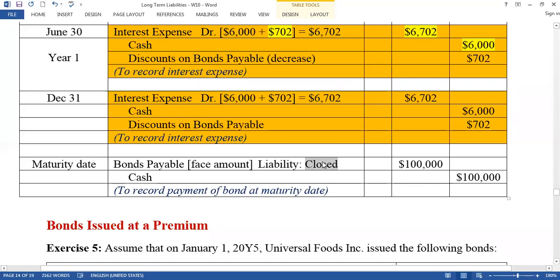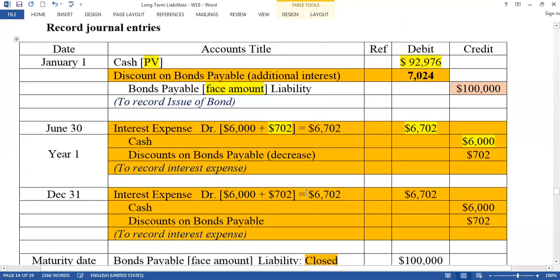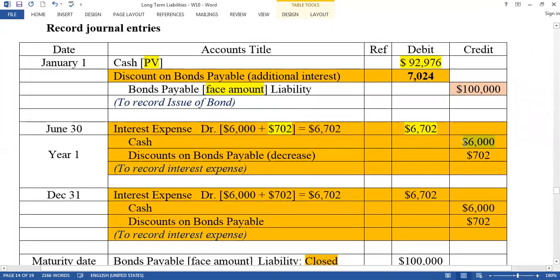Why did we close our liability? Because today is the maturity date, right? We are going to pay cash. And here we can divide this money: we are going to pay the present value plus we are going to pay additional. Look at here. We pay less money, right? We are supposed to pay 6,702, but we pay 6,000.